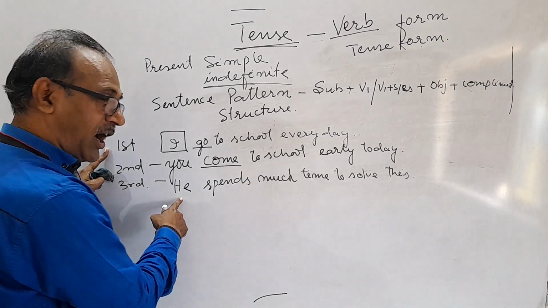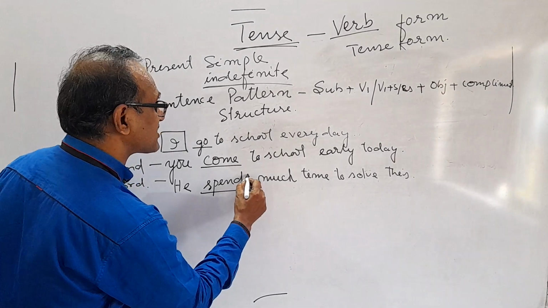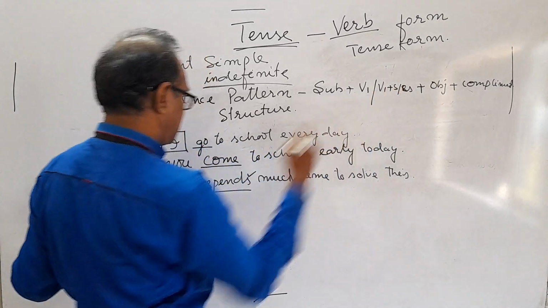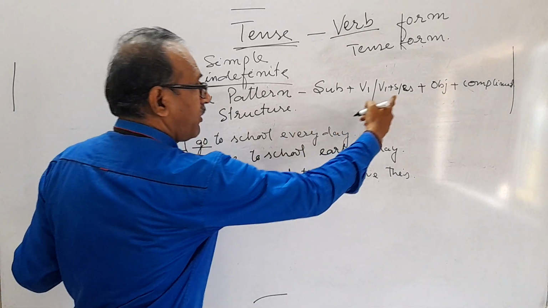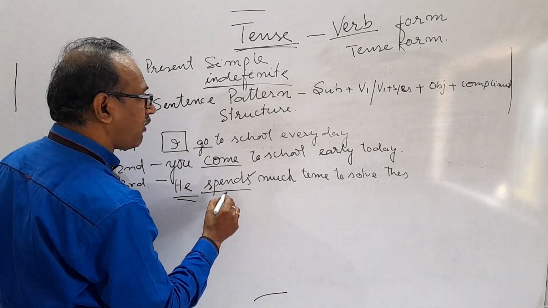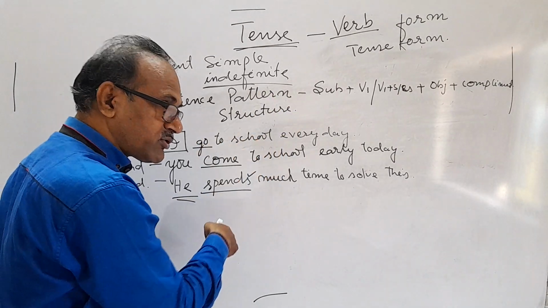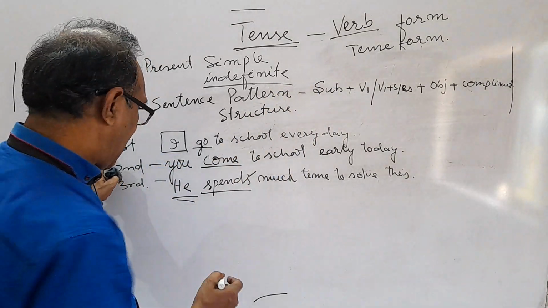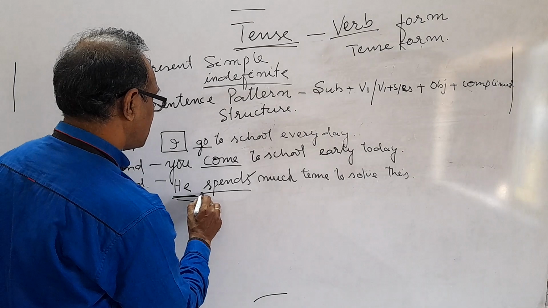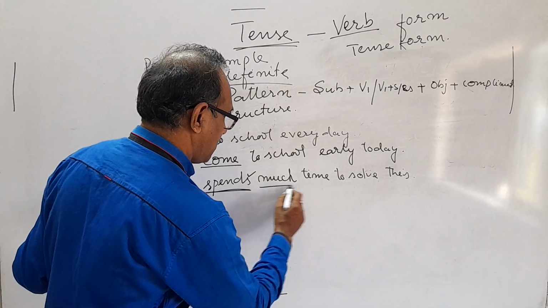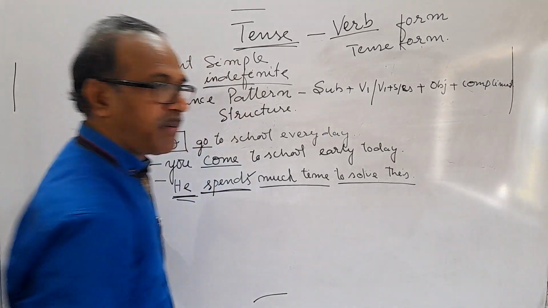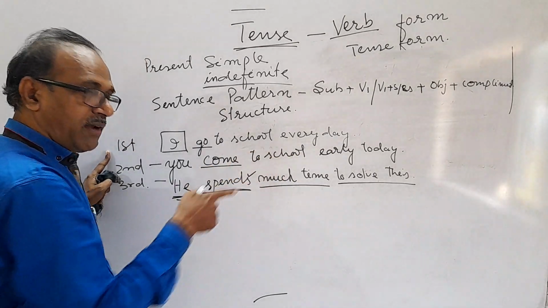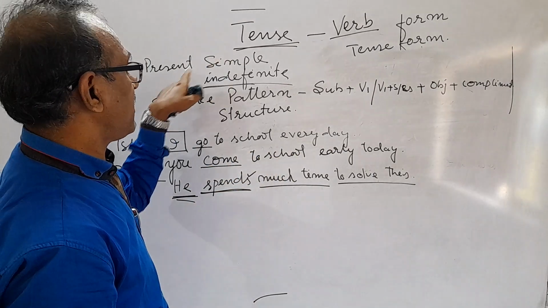But in case of third person, here you see it is S. That means verb plus S. So in case of third person, we always follow this rule to add an S to the verb 1. And here you see this is the subject, this is the verb, this is the object, and this is the complement. So in this structure, we can make a sentence of present simple.